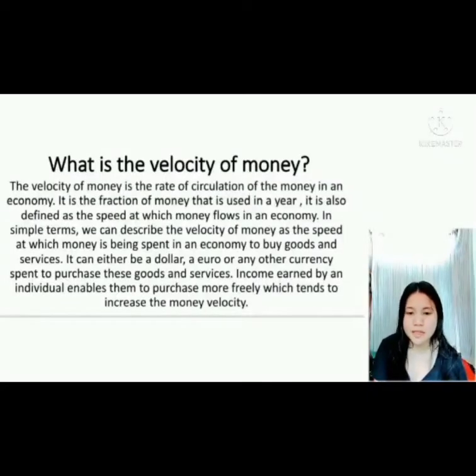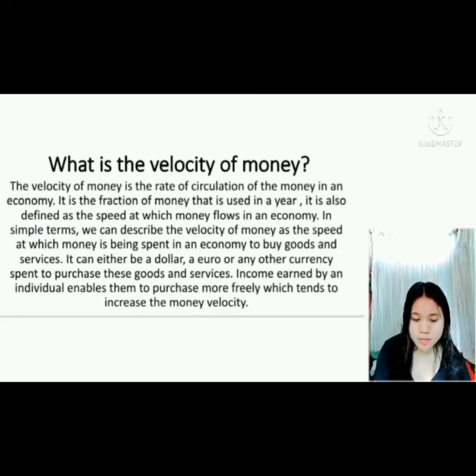What is velocity? Velocity of money is the rate of circulation of money in an economy. It is the fraction of money that is used in a year. It is also defined as the speed at which money flows in an economy. In simple terms, we can describe the velocity of money as the speed at which money is being spent in an economy to buy goods and services.